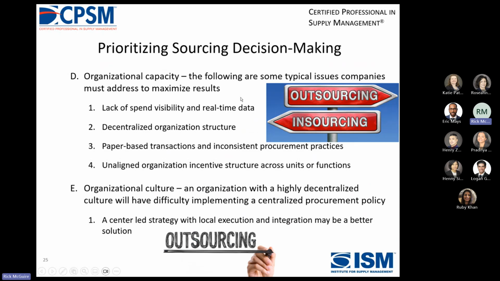Organizational capacity, some of the types of issues companies must address. So lack of spend visibility and real-time data, that's a big problem here at PACCAR. Decentralized organization structure, we don't have that issue. Paper-based transactions and inconsistent procurement practices, not PACCAR so much, but it's out there. Unaligned organization incentive structure.